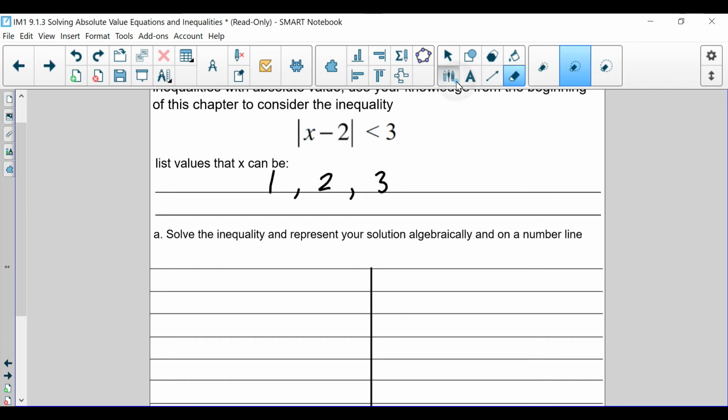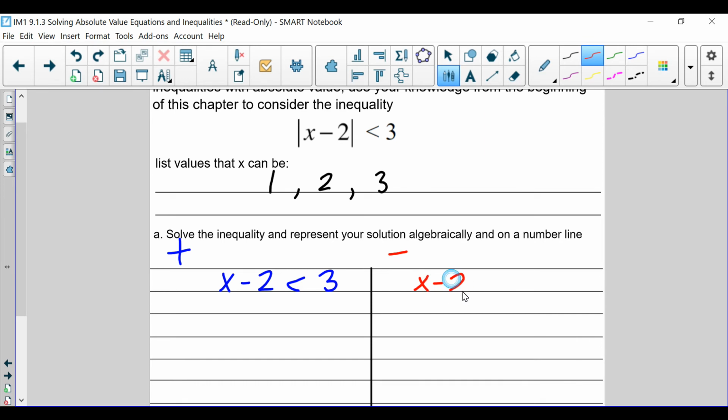So instead, what we'll do is we'll write x minus 2 is less than 3. We're talking about the positive mode, and then we're also talking about the negative mode, which is x minus 2 is less than not positive 3, but negative 3.